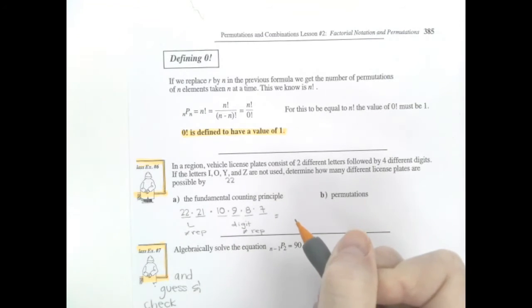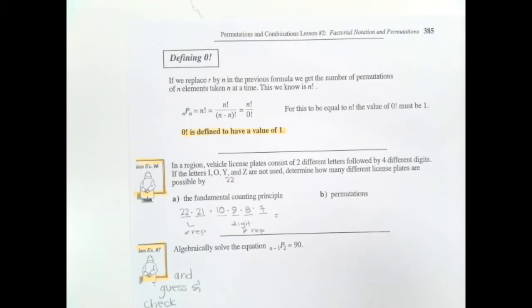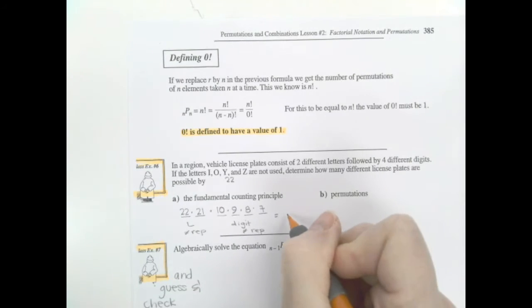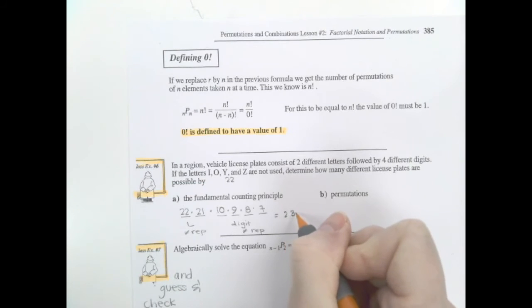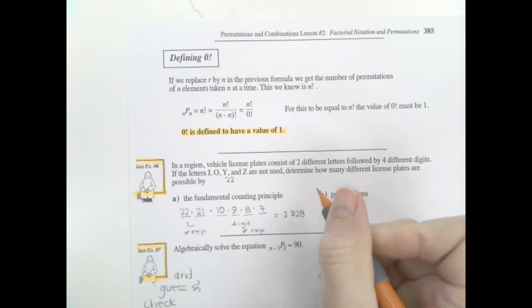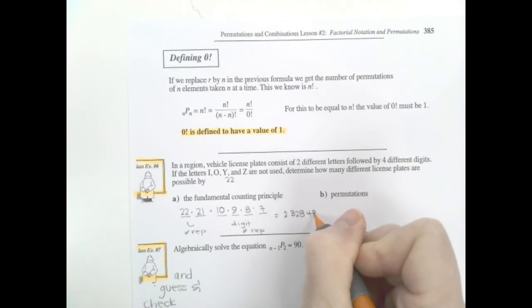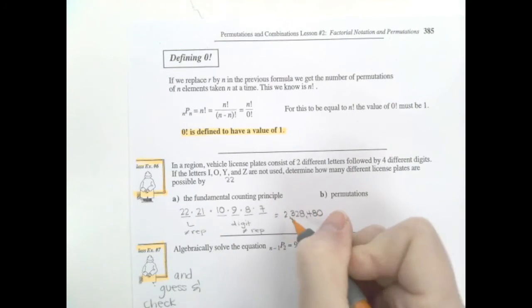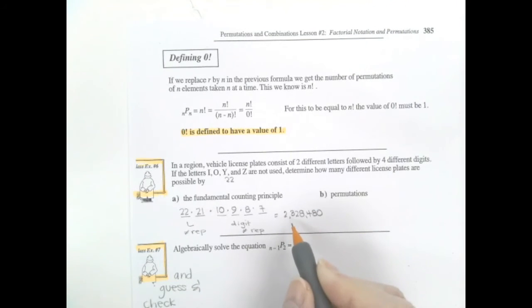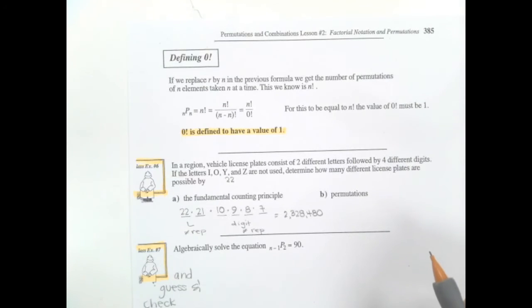And if I multiply that all out, I end up with a nice big number. 2,328,480, which makes sense that we would have a lot of license plates available for people.